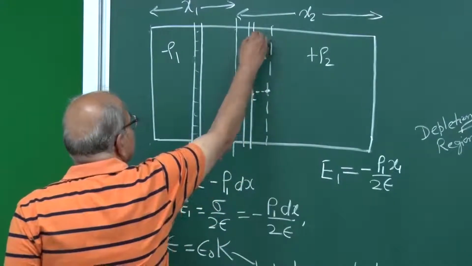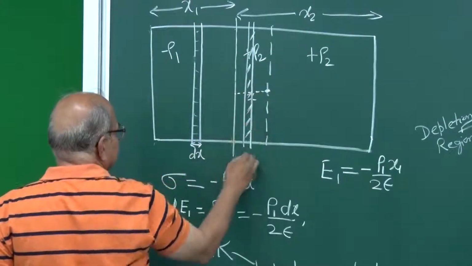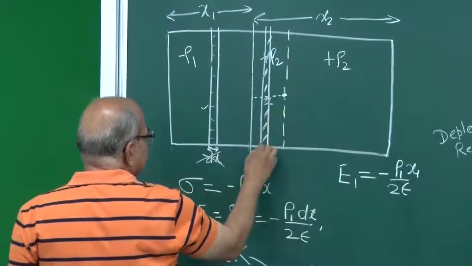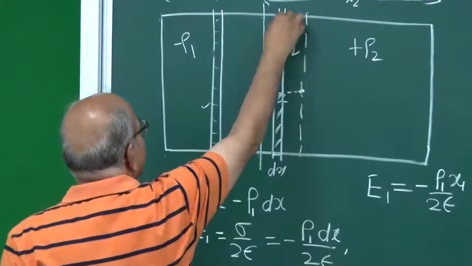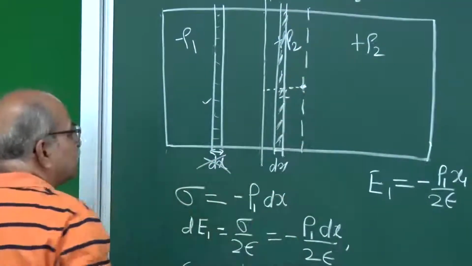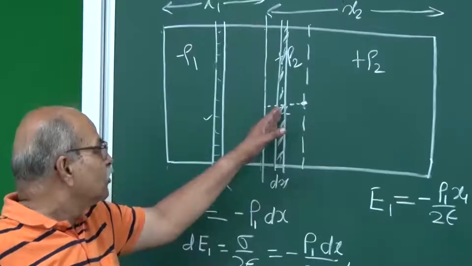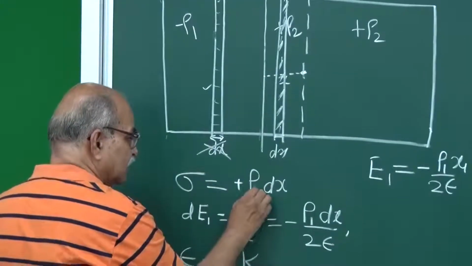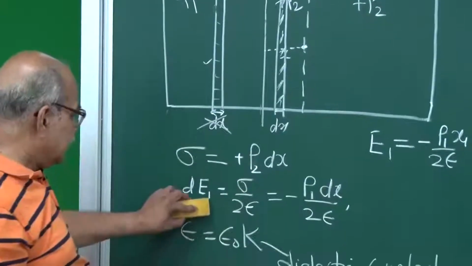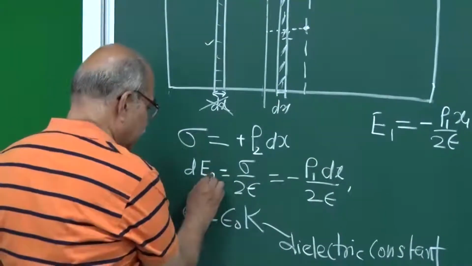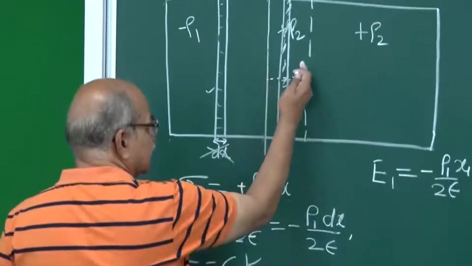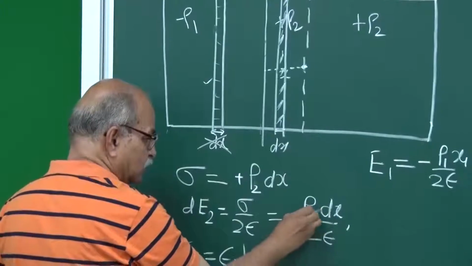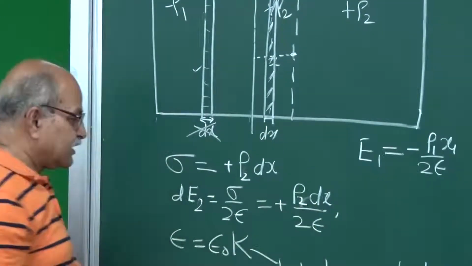Now this is the width dx I am taking, and this part is over. So this dx I am taking, and once again you can treat this as a surface charge layer of surface charge density plus rho 2 dx, and dE2 will be, because of this, sigma over 2 epsilon, so plus rho 2 dx over 2 epsilon.